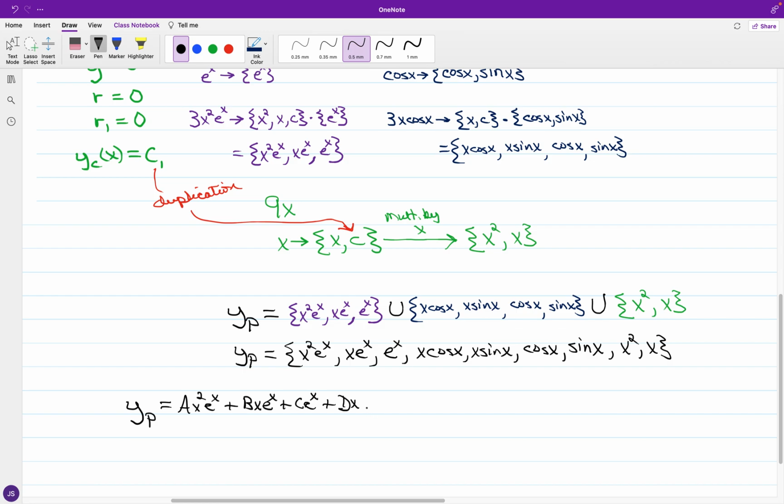plus dx cosine of x plus ex sine of x plus f cosine of x plus g sine of x plus h times x squared plus ix.